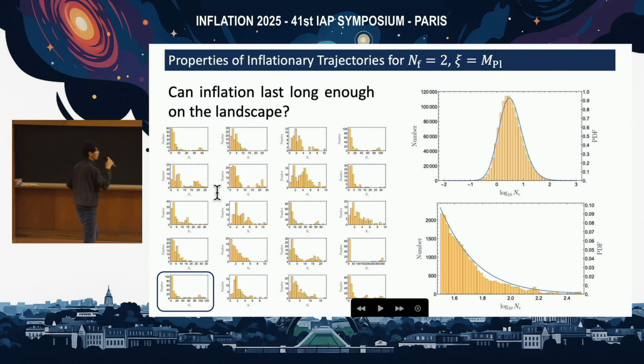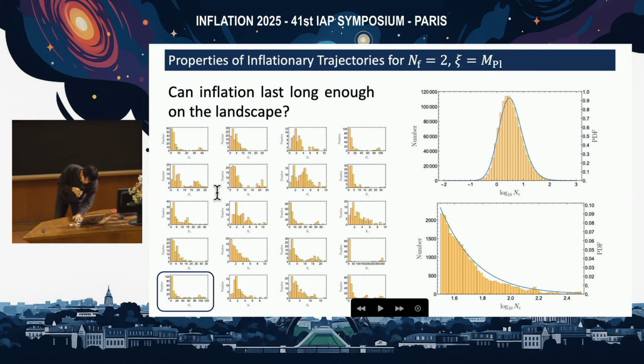Moreover, if we merge these histograms of different realizations into a single one, you will find that the distribution of the e-fold number of a trajectory takes the form of a log-normal profile. And the long-lasting trajectories appear as the rightmost tail of the distribution.